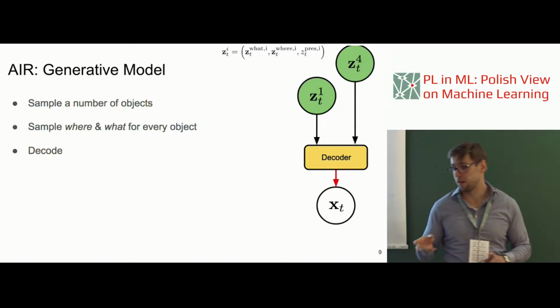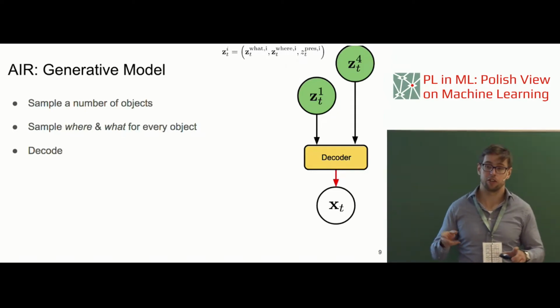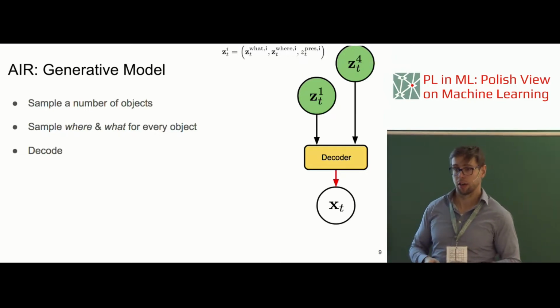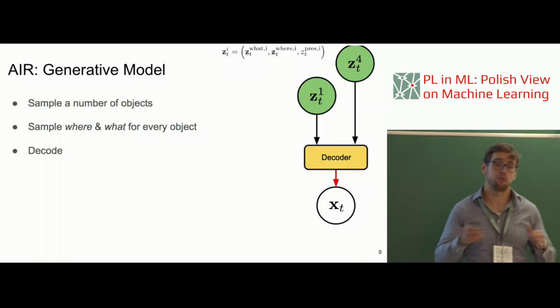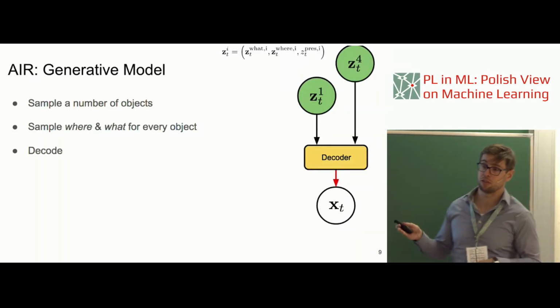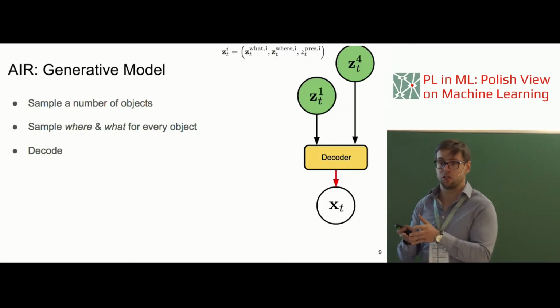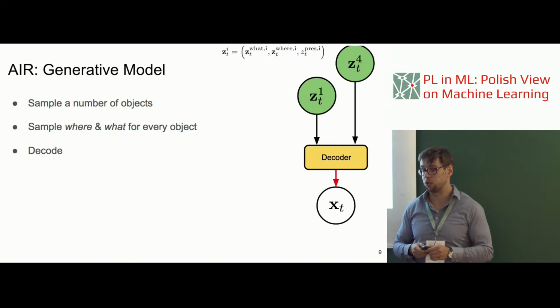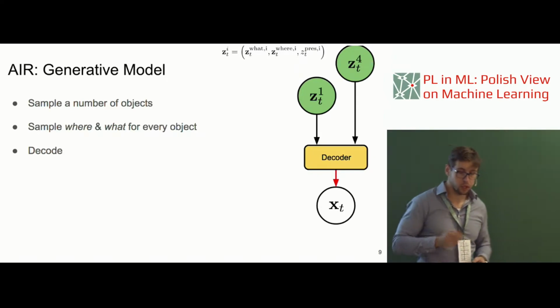And then we have where, which is the location and scale for every object, and we have what, which is the appearance of every object. And we'll just sample them from standard normal distributions, so basically multivariate Gaussian distributions centered on 0 with unit variance. And then we will pass all the variables that we have to a decoder, and we'll recreate the image.